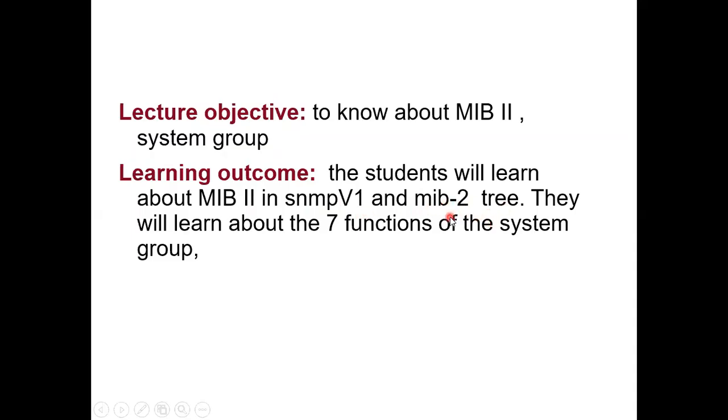Okay, when I say I install SNMP in my system, using OpNet we can install, or Cisco Packet Tracer we can install SNMP version 1, 2 and 3. Now how can you say that the installation is complete?